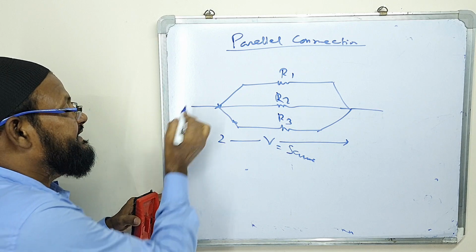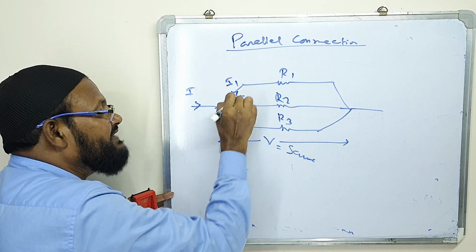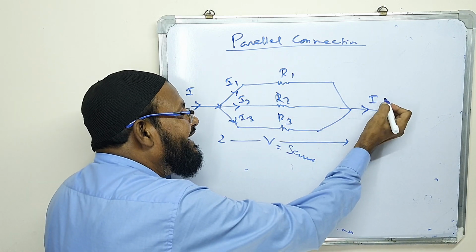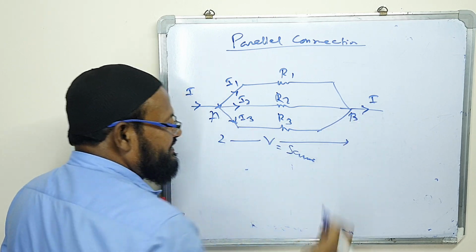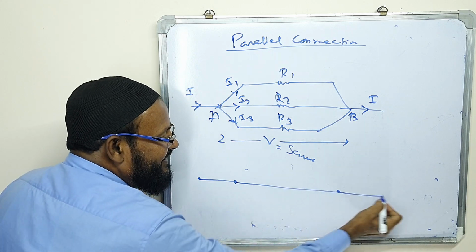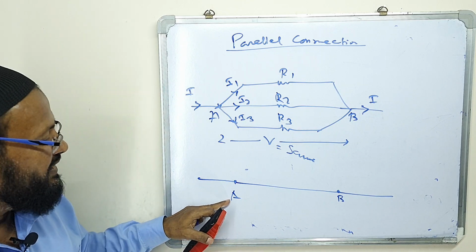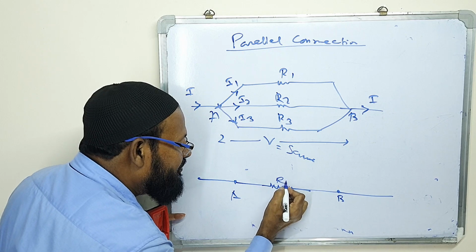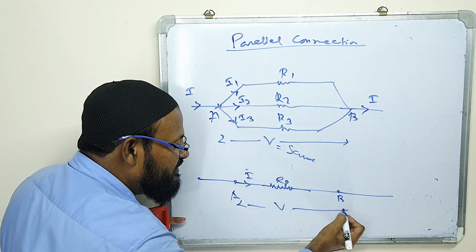Here is current I, this is I1, this is I2, and this is I3. All will be here again I. Suppose this point is A and this point is B. What is the equivalent resistance between A and B? I am taking this resistance as Rp. This will be I, and here to here, this will be V.